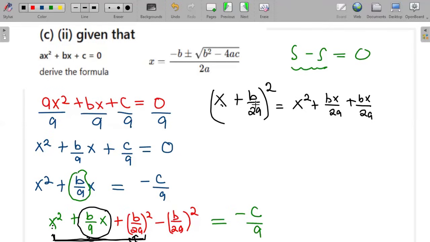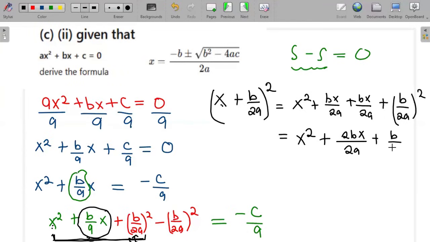And then b over 2a squared, I just get plus b over 2a squared. So now check what happens to the terms in the middle. The common denominator is 2a, and this will be bx plus bx, so that will be 2bx over 2a, plus b over 2a squared.